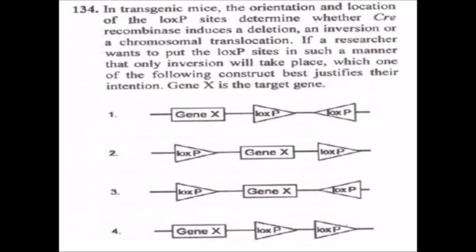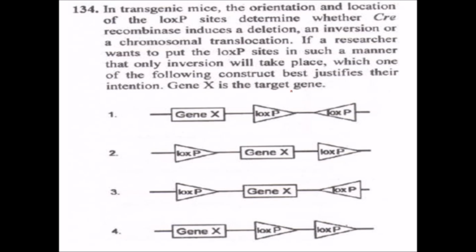Next question is, in transgenic mice, the orientation of the localization site determines whether recombinase introduces a deletion, an inversion, or a chromosome translocation. If a researcher wants to put the localization site in such a manner that only inversion will take place, which one of the following constructs best justifies their intention?